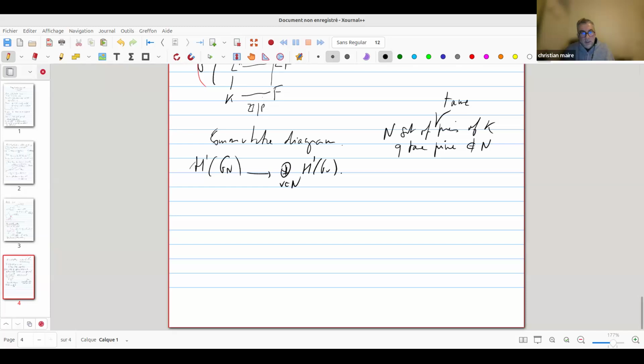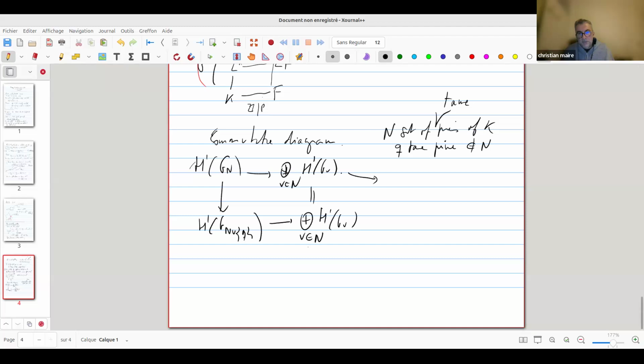And of course, what I want to do is just to add some extra ramification. So I add my extra prime here, this prime, and just look at the localization map, but not on Q, but only in N. So in this case, we have equality.